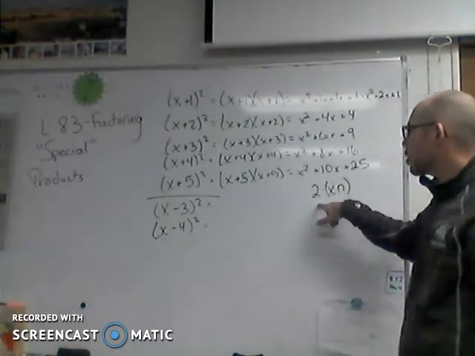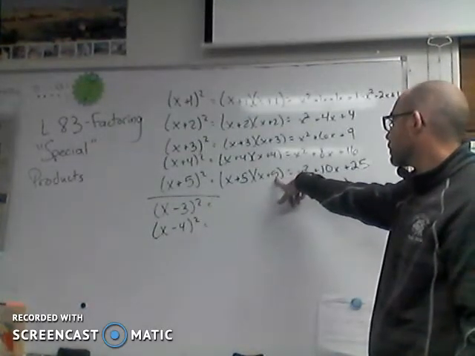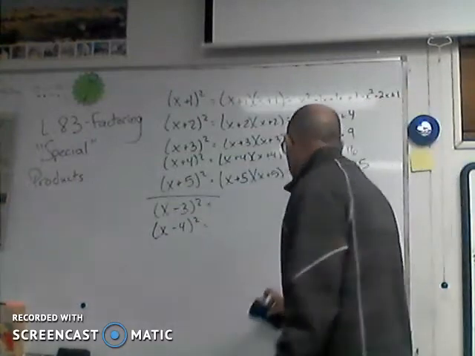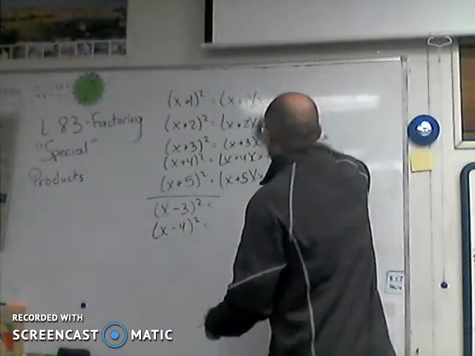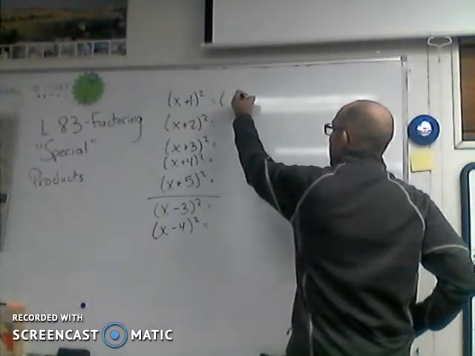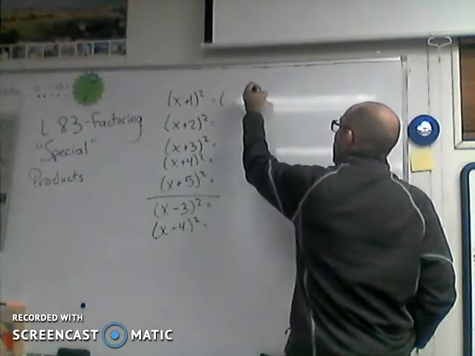Always in the middle, I got twice of x and the number. So there's a pattern sitting there. If I was going to generalize this pattern, cut out all this stuff and just make it something generalized, like let's do x plus c.